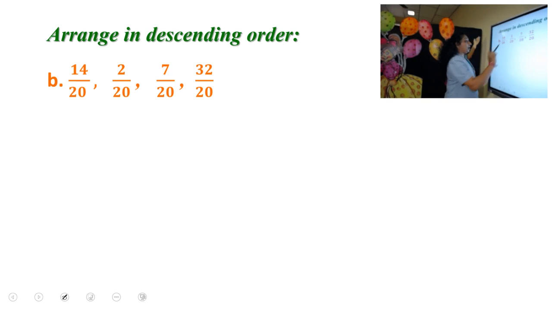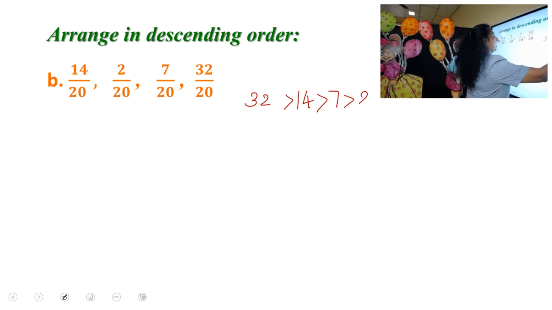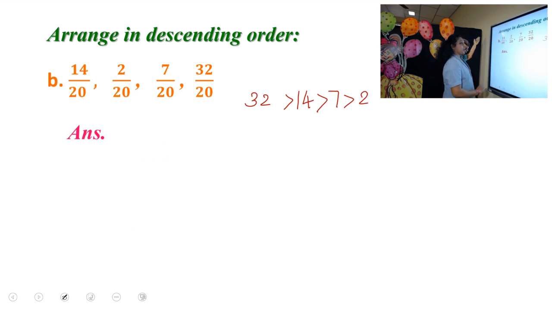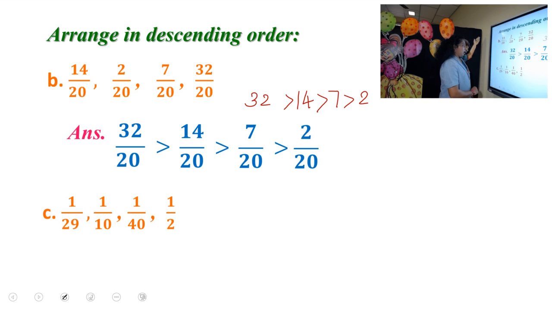So, which is the greatest here? 32 is greater, 32 greater than 14 greater than 7 greater than 2. So, just arrange as such. Answer is 32 by 20 is greater than 14 by 20 greater than 7 by 20 greater than 2 by 20. Let's look at the next question.